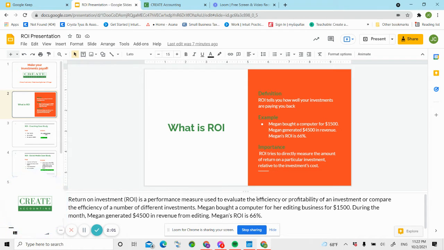ROI really tries to directly measure the amount of return on a specific investment, okay, relative to that investment's cost. So you do have to take in consideration how much it will cost you to put that investment into service. So if that means I also need to have a specific type of software, that's going to be a cost.